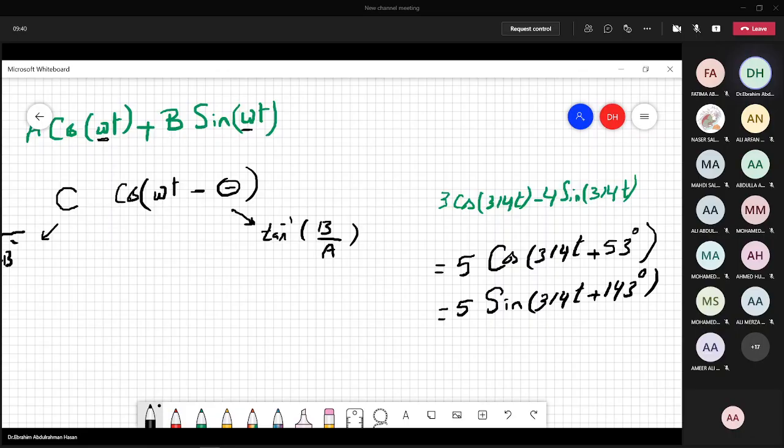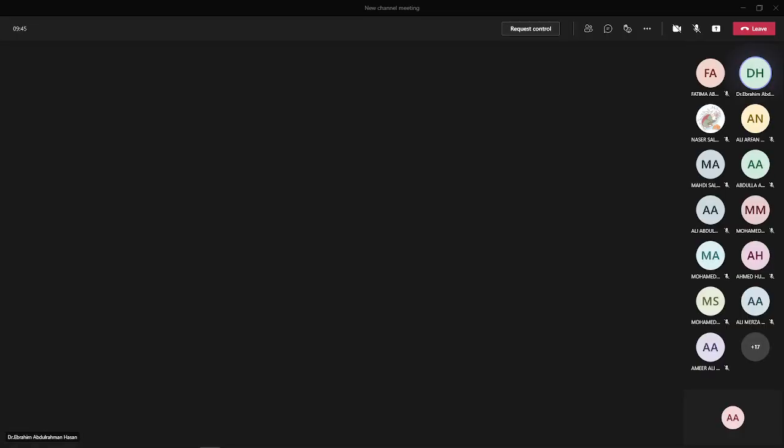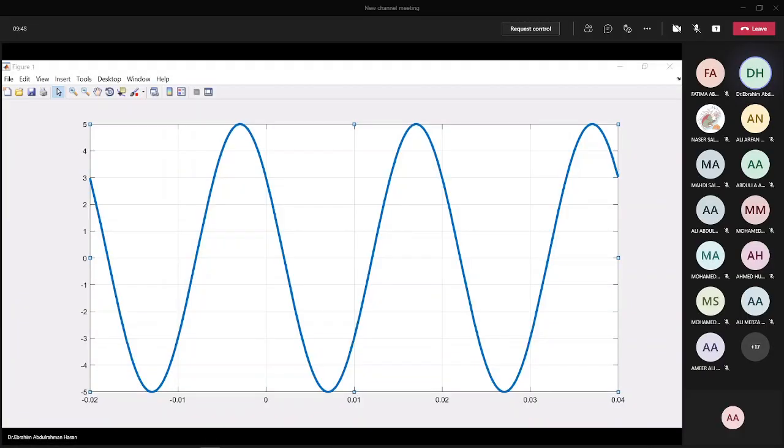So if you plot it, you will get this pure sinusoid. This is what we did, which is 3 cosine omega t minus 4 sine omega t.